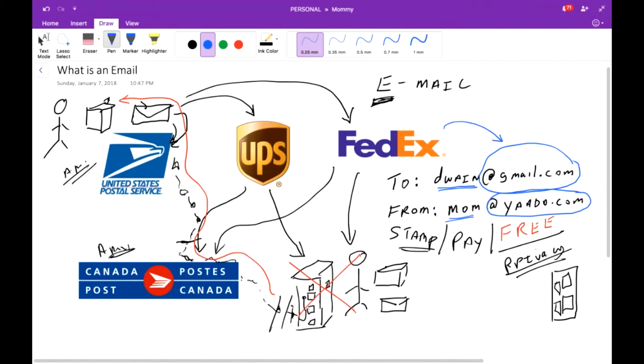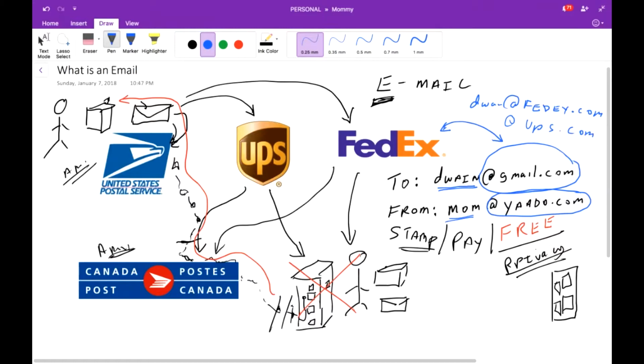Gmail is just the name of the company that's supplying the email service, right? Let's pretend that FedEx was in the business of sending mail and I went to FedEx to send mail, it would be Dwain at FedEx.com, or it would be at UPS.com.